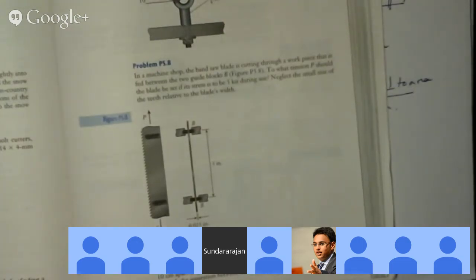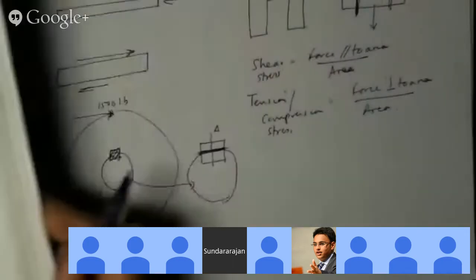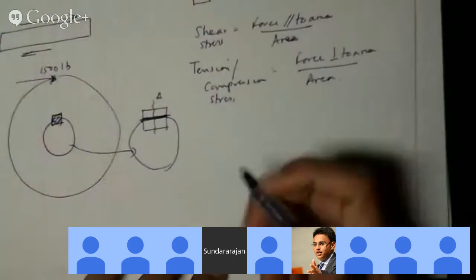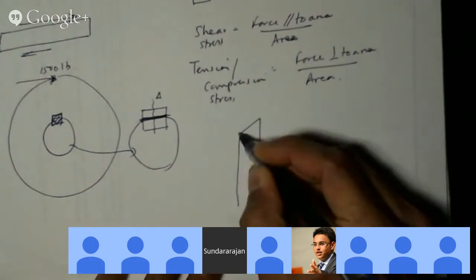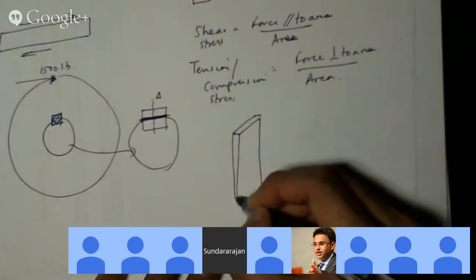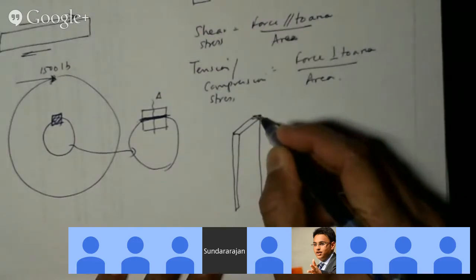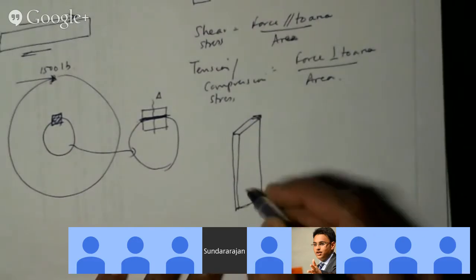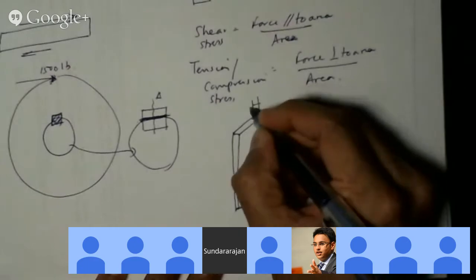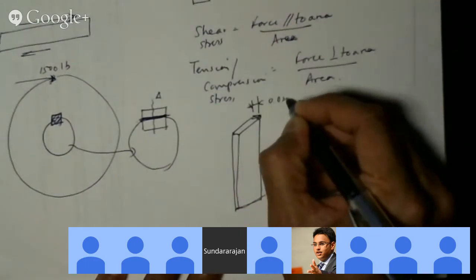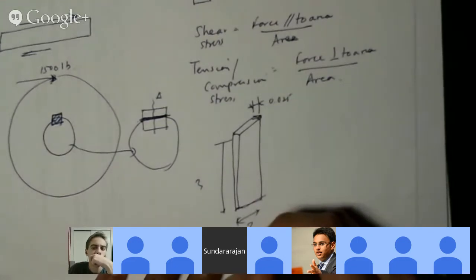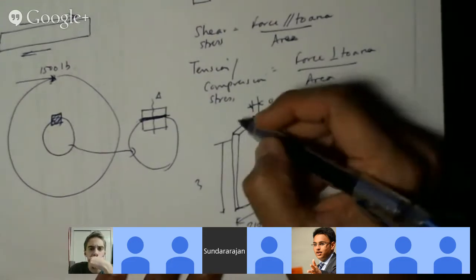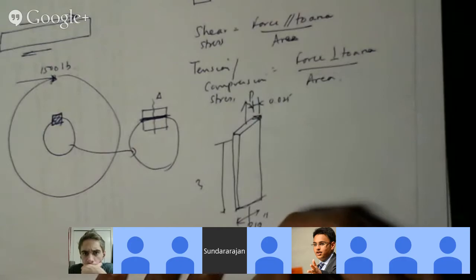Okay. Do you see it? Let me draw it here. Here is a blade. This is 0.025, this is 3, and this is 3/8, and it's being pulled like so.